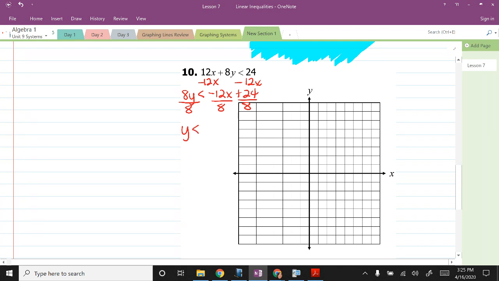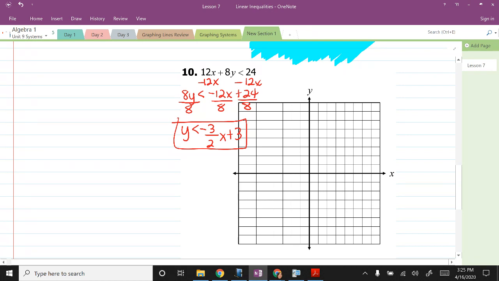They're both divisible by 4, so negative 3/4. No, that's not right. Negative 3 over 2. Sorry. Negative 3 over 2 x plus 3. So there's my equation in slope-intercept form.